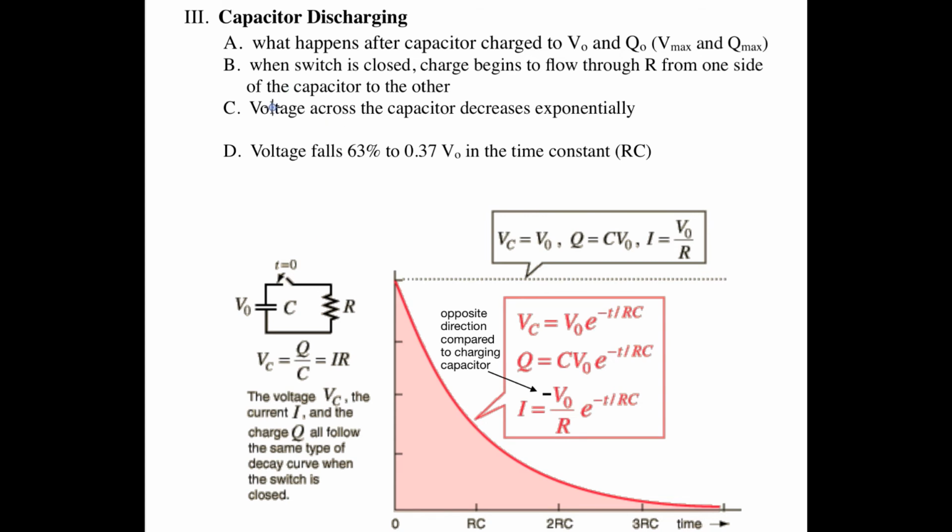when we close the switch. So we're going to think about, as you close the switch here, when time is 0 is right when the switch is closed, what's going to start to happen? Well, remember, one side of our capacitor has a big negative charge, and the other side is all positive.